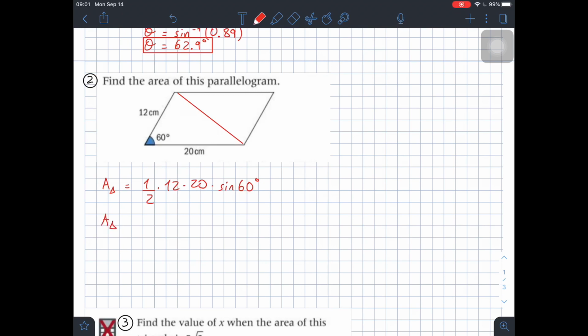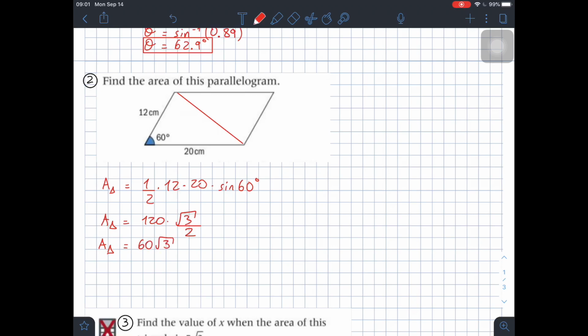The area of a triangle is equal to 20 divided by 2, that's 10. 10 times 12, it's 120 times. And if you remember from the hand trick, we know that sine of 60 degrees should be square root of 3/2. So with this information, we get that the area of the triangle is equal to 60 times √3.